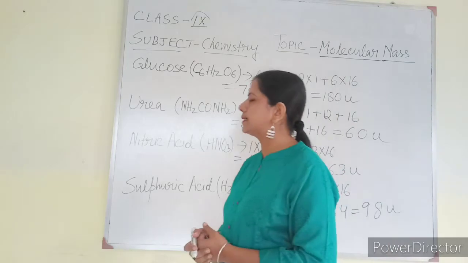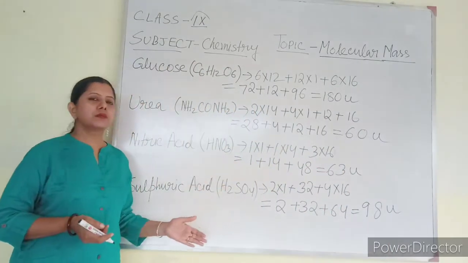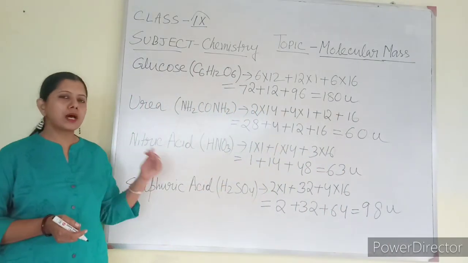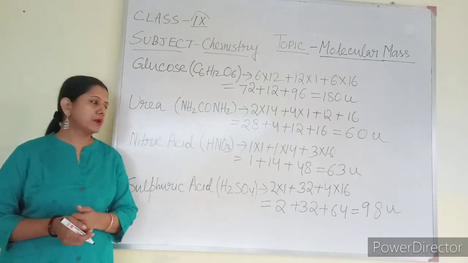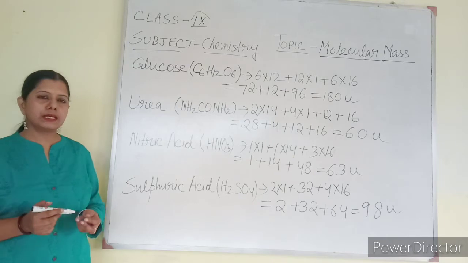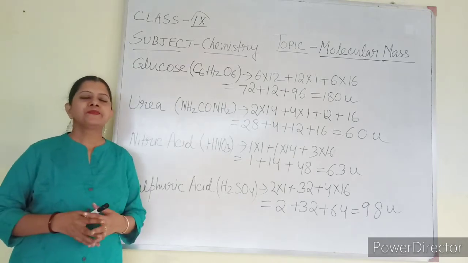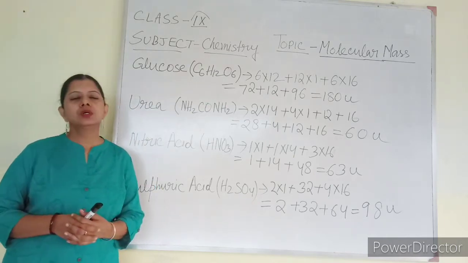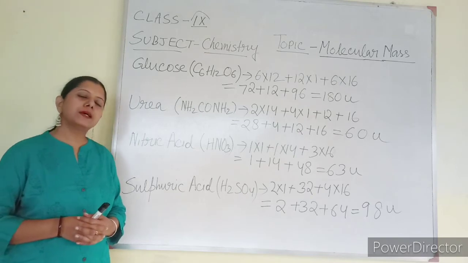So I have calculated the molecular mass of one molecule of the following compounds. This is the molecular mass of one molecule of sulfuric acid. So in this way, any question given to you, it will be easier for you to find out.